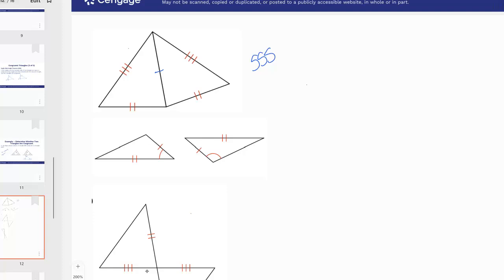So let's look at this one. So if we were to do a little flipping, maybe we take this guy and we flip it up here. So then that triangle would look something like this. So this angle would come up here, this side would be down here, and that side would be here.